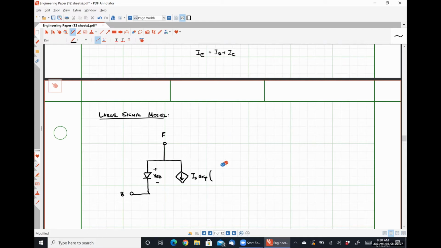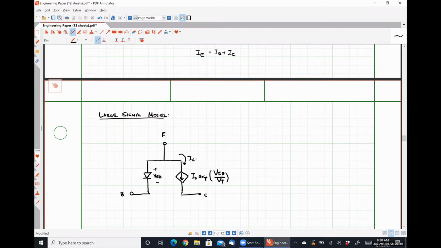Sorry, have it here. VEB over VT. And here is our collector. So this is our collector current, IC. It is the exact same thing as what we had for an NPN transistor, except we use the voltage VEB instead of the voltage VBE.